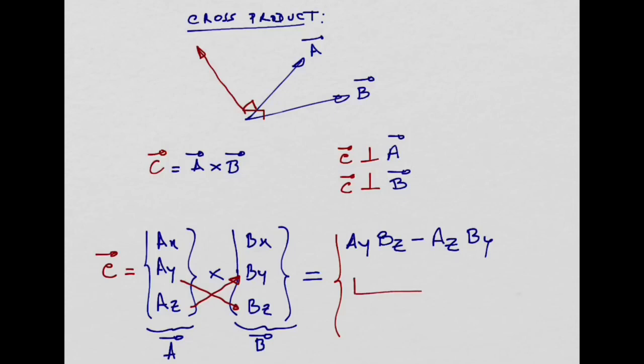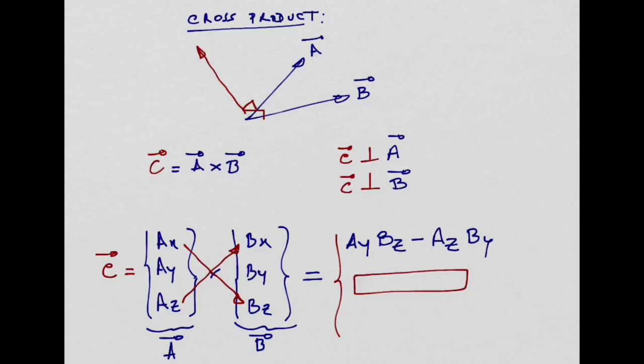For the Y component, the second component of this vector C, I will try to erase this now. Okay, good. For this second component, I need to do this cross product: AZ times BX minus AX times BZ.